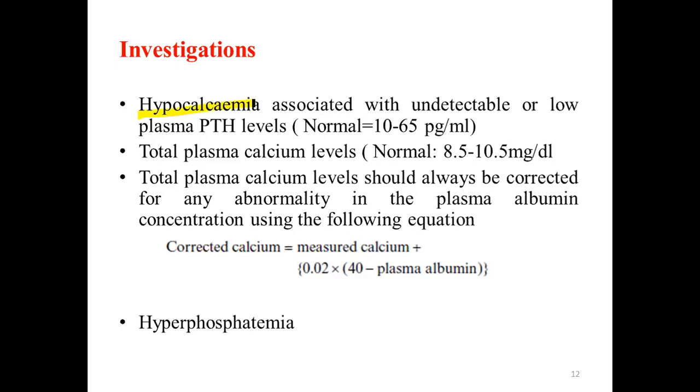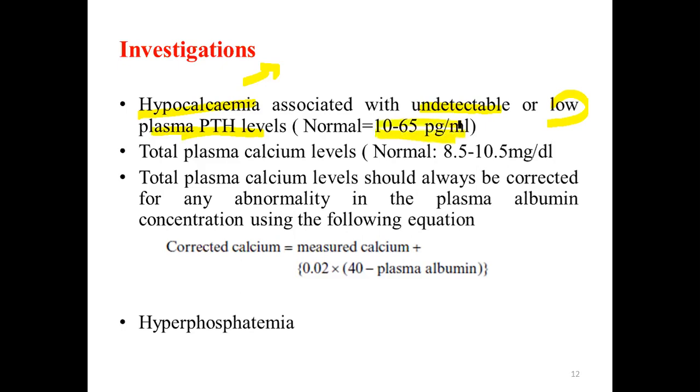Hypocalcemia associated with hypoparathyroidism usually has an undetectable or low plasma level of PTH. When a patient has hypoparathyroidism, the serum calcium level is usually very low and the PTH level is usually undetectable or low in the plasma. So these are the normal values.